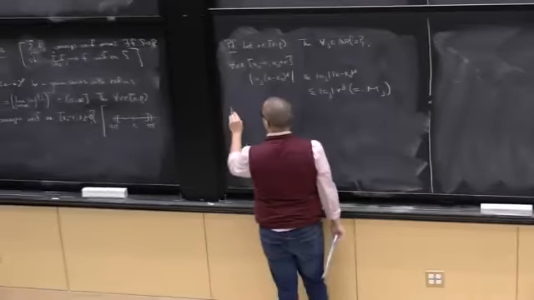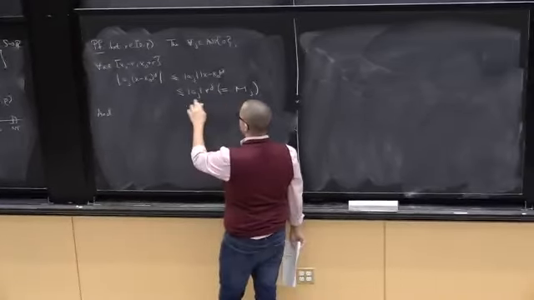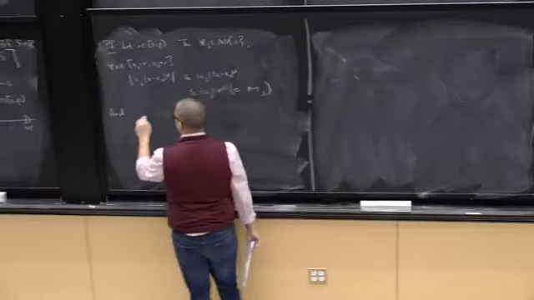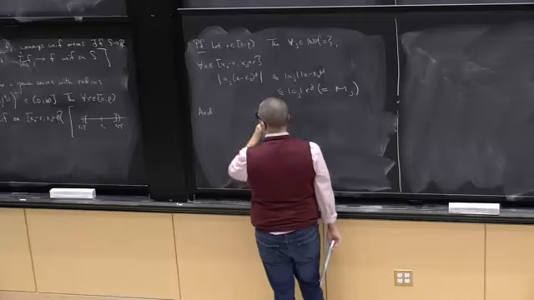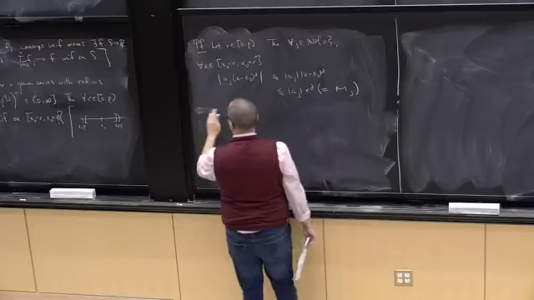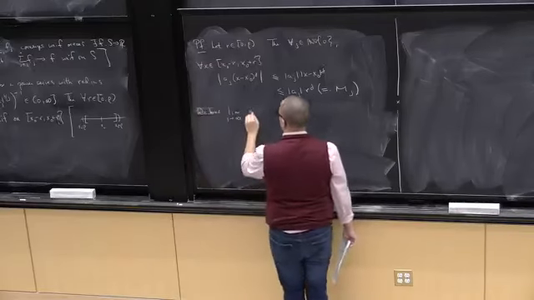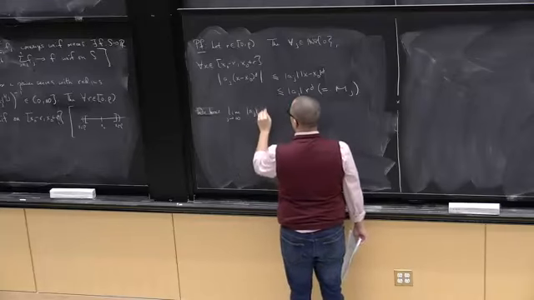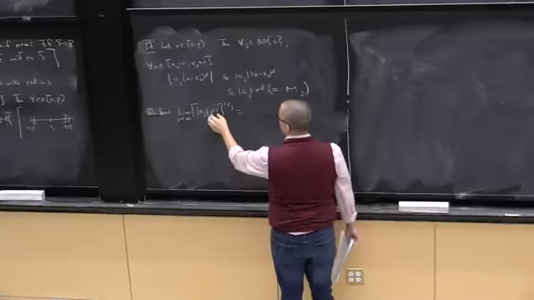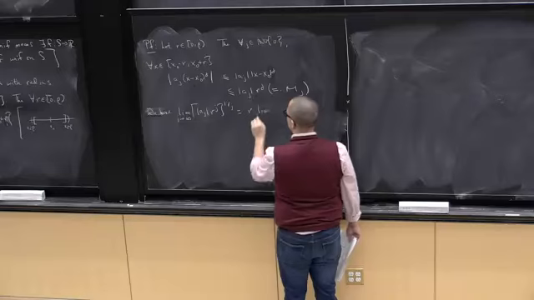And now I want to see if the series involving these numbers converges. So let me apply the root test. We have, this is equal to, now this r to the j to the 1 over j just becomes r, and it can just come out of this limit.